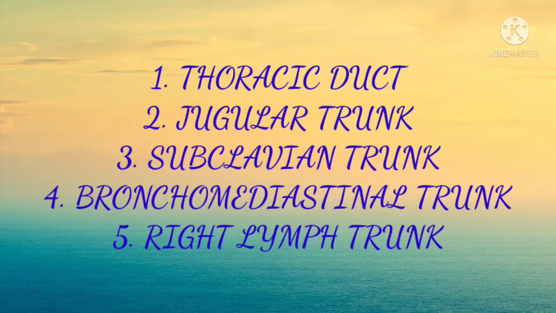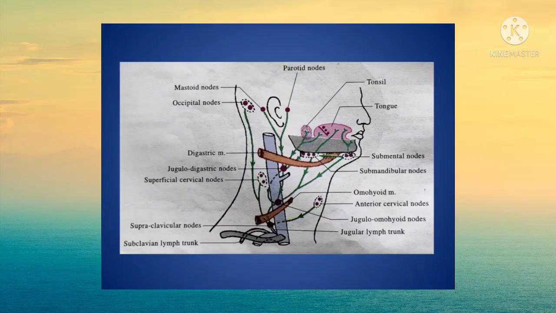Next, the right jugular trunk drains half of the head and neck, the right subclavian trunk drains the upper limb, and the bronchomediastinal trunk drains the lungs, half of the mediastinum, and part of the anterior wall of the thorax and abdomen.